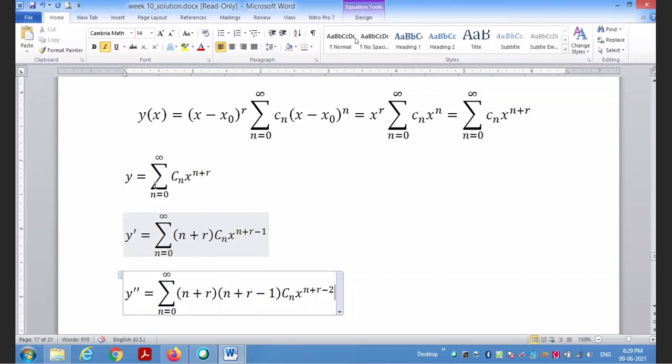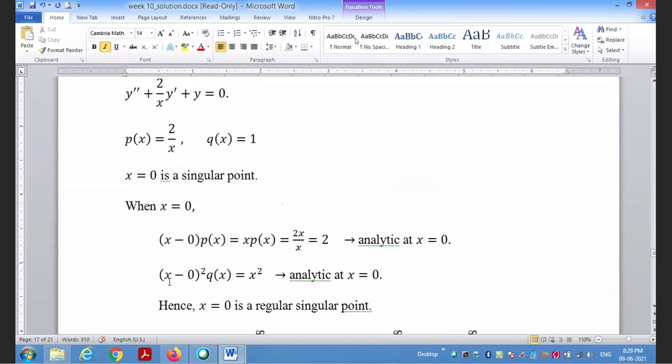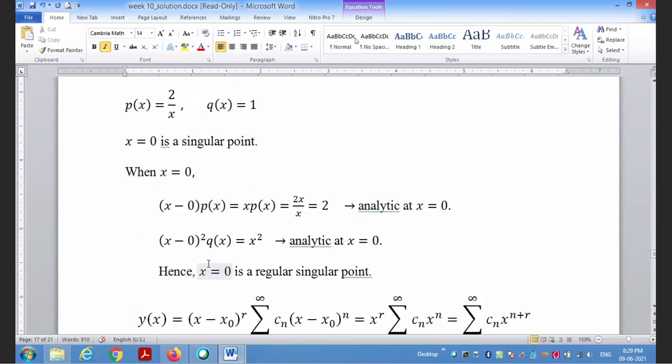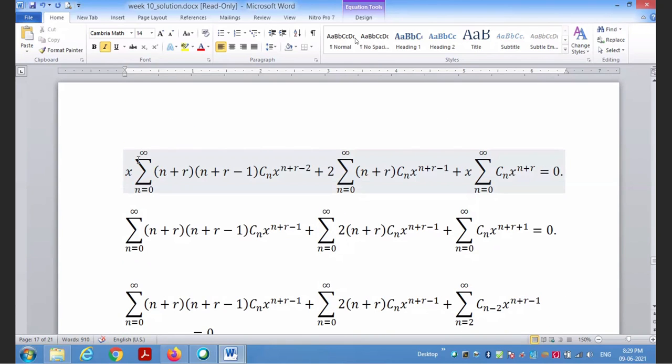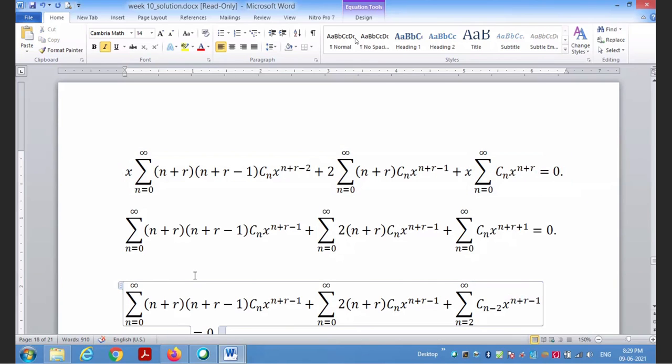Both start with 0, the index. So now, x y double prime plus 2 y prime plus x y equal to 0. You replace here the y double prime, here is y prime, here is y. Use the same procedure as before.